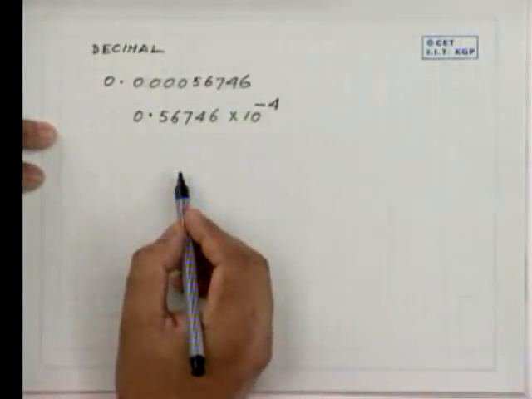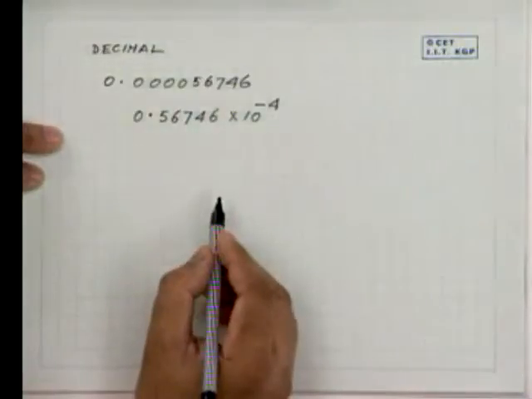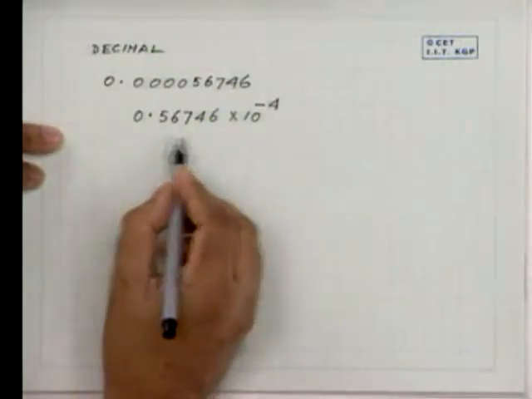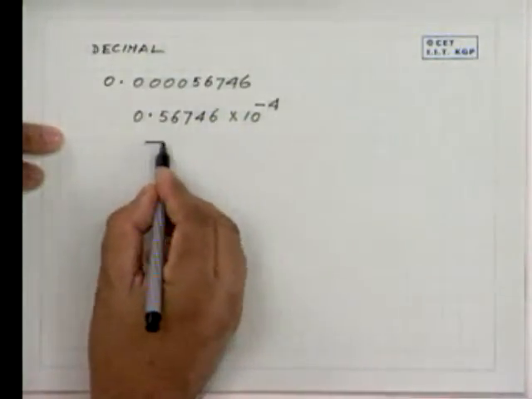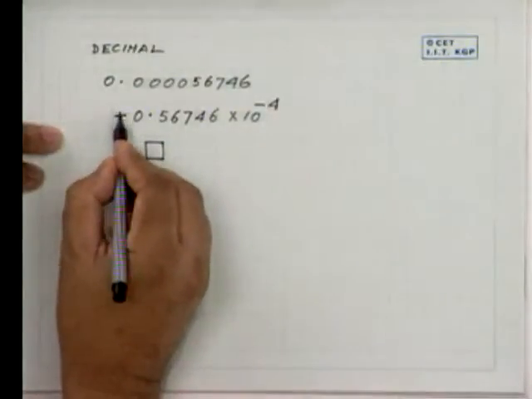more convenient. Now, if we have a decimal computer, how will we represent this number in the computer? We'll have to keep a position for the sign, which is plus here.